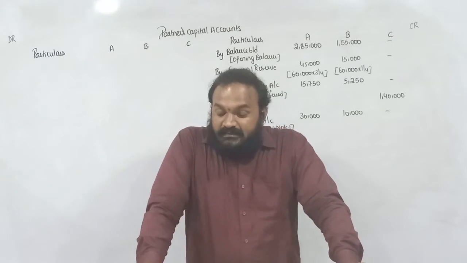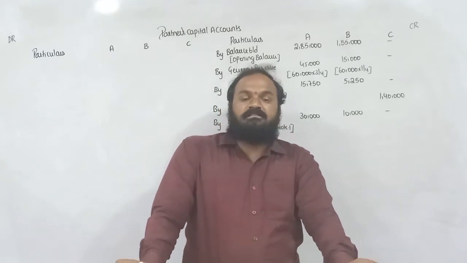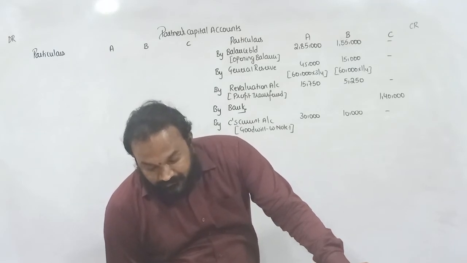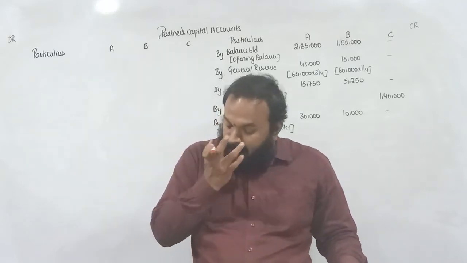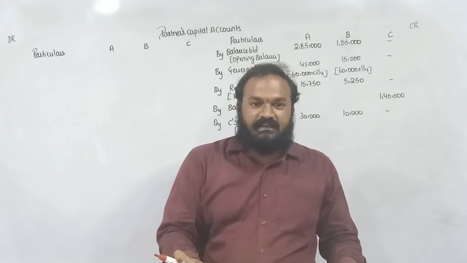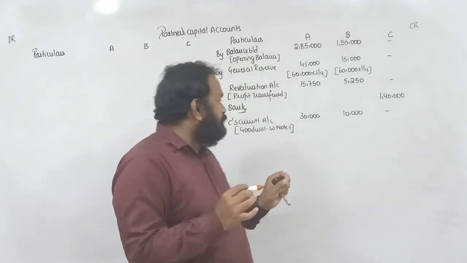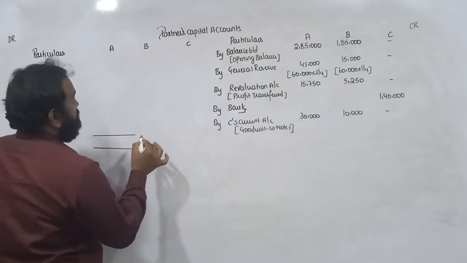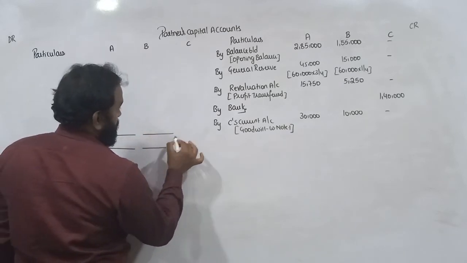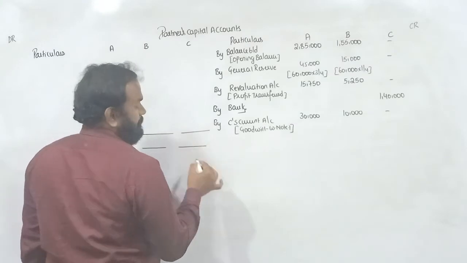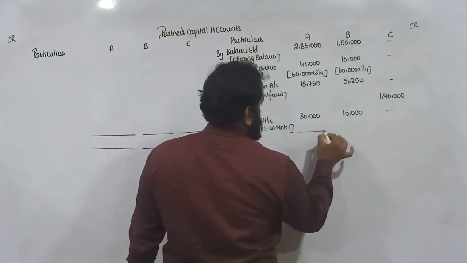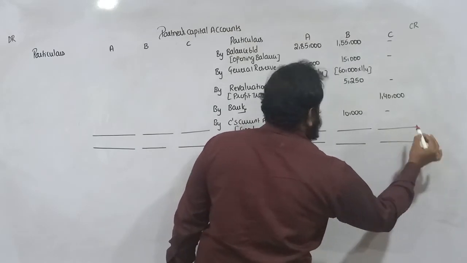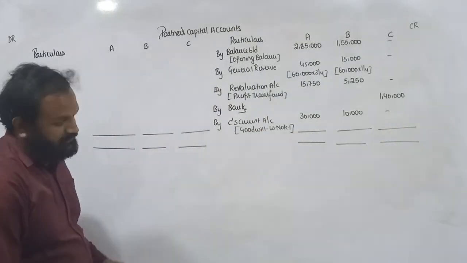Capital accounts of partners are to be readjusted on the basis of profit sharing arrangement. Any excess or deficiency is to be transferred to their capital account. Sir, what is the new ratio? Right? Next.